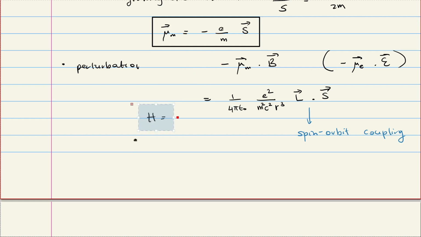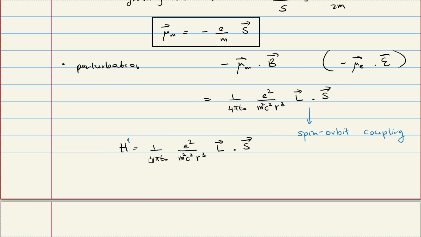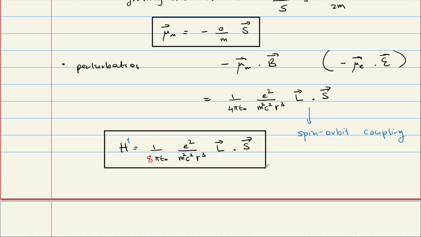So this is H1, and the correct form turns out to be just a factor of another 2. So this is 8. But that's not our concern, because when you learn Dirac equation, you can derive this much more easily. Now the point is not that.